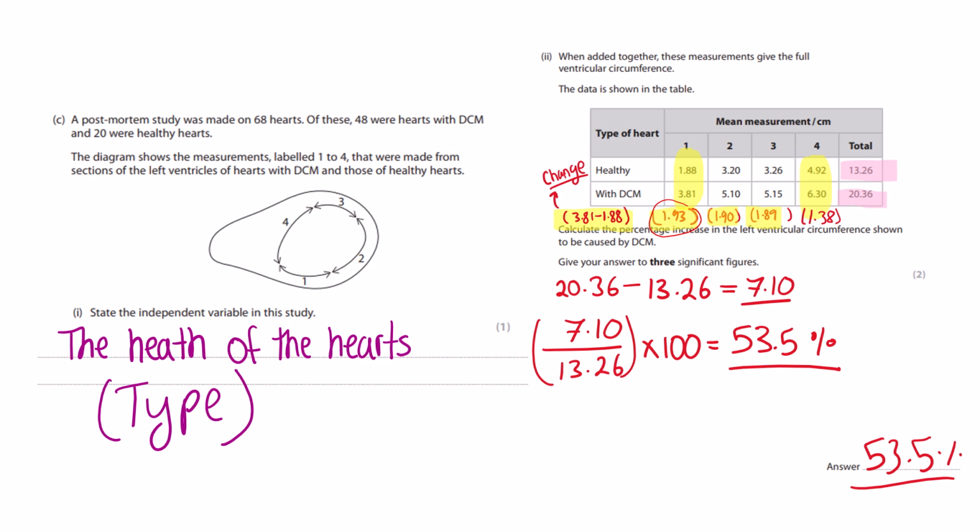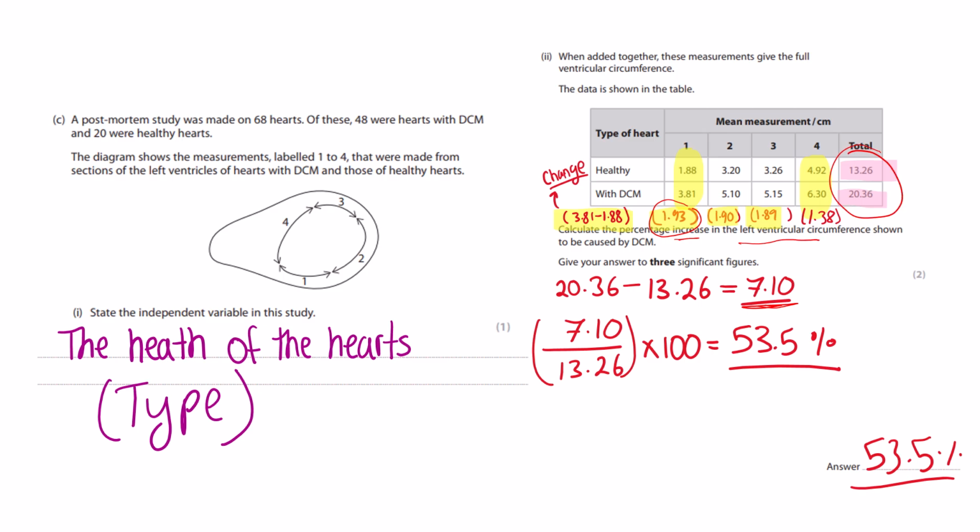Now calculate the percentage increase in the left ventricle circumference shown to be caused by DCM. Give your answer to 3 significant figures. Okay, so first of all, we're going to do 20.36 minus 13.26, which gives us 7.10, because we're calculating the percentage increase in the left ventricle circumference. And the data is given over here.